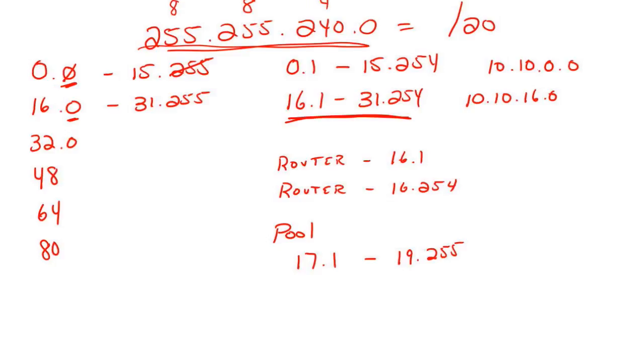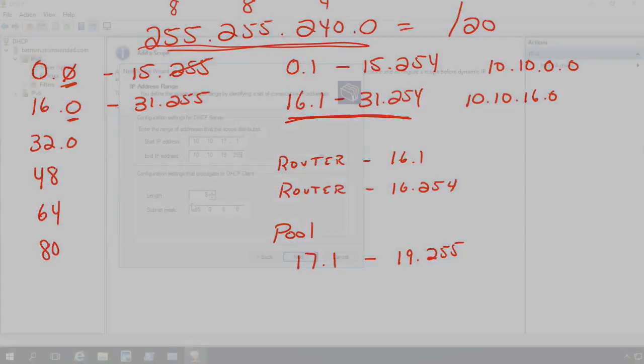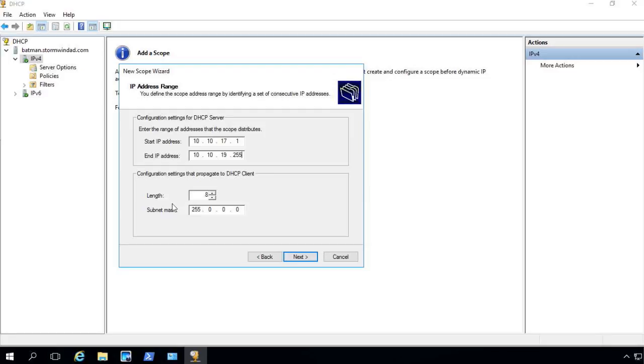So when I'm setting up my scope, I can go either way. I can set this length to be the 20 or I can put in the subnet mask. It doesn't matter which way you go. As soon as you go one way, the other way is going to change. For example, if I change this to 20, you'll see my subnet mask will change. Watch my mask.